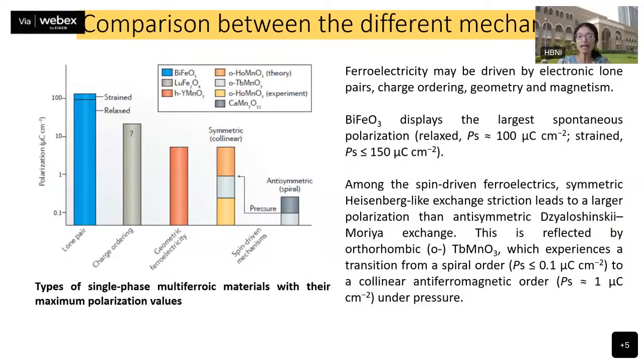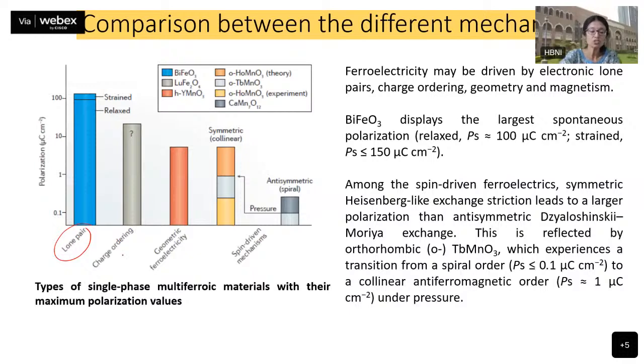So now let's compare the different mechanisms. If you look into the polarization and the different types of interaction giving rise to that polarization, you find the lone pair mechanism, the one which we saw in BiFeO3, gives the maximum polarization.